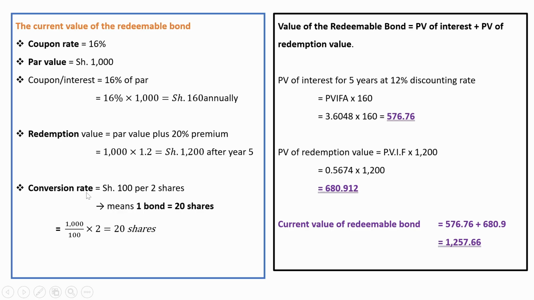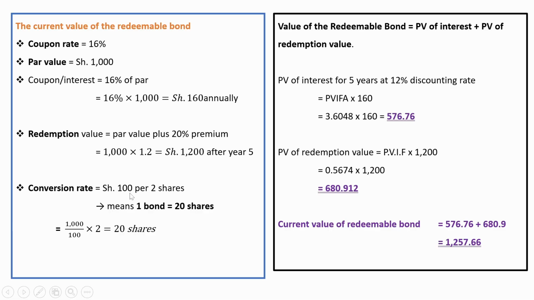So what is the conversion rate? So the conversion rate was given in the question. You were told the conversion will be 100 shillings per 2 shares. And one debenture is valued at 1,000. So if 100 gives you 2 shares, how many shares will you be given for 1,000?